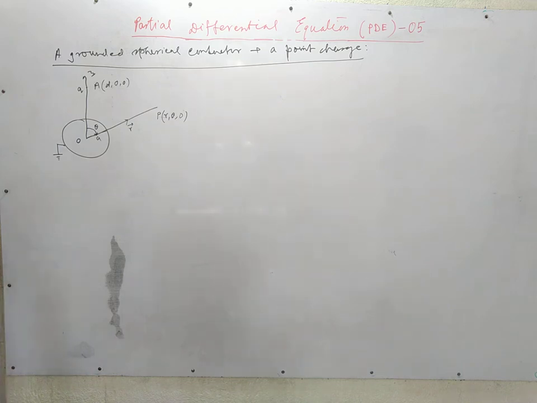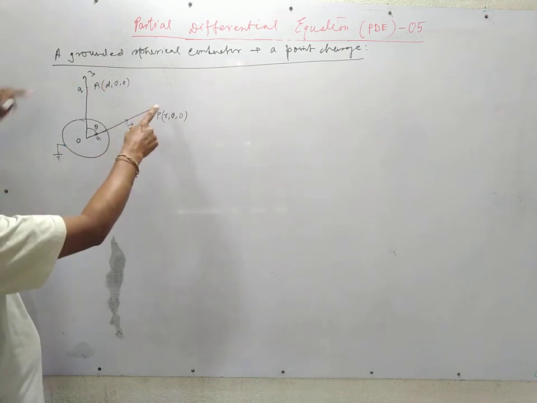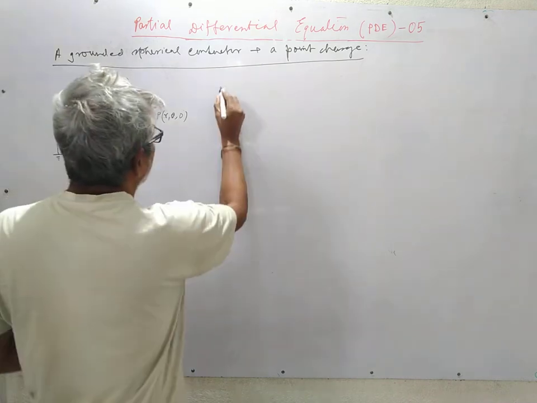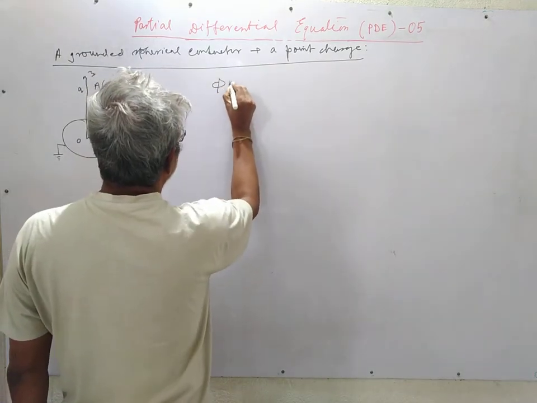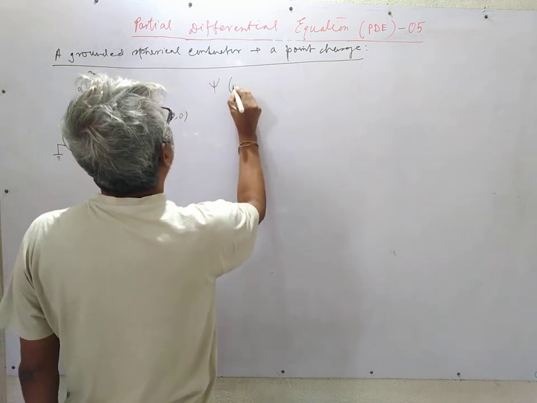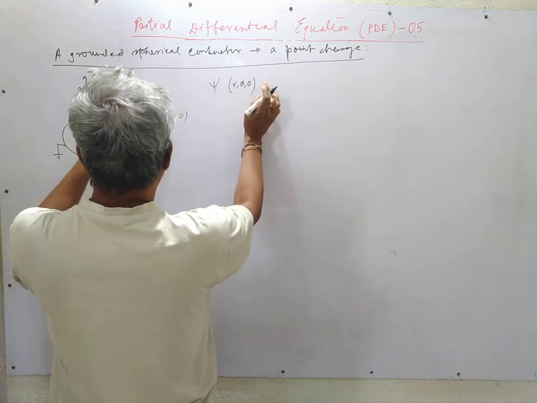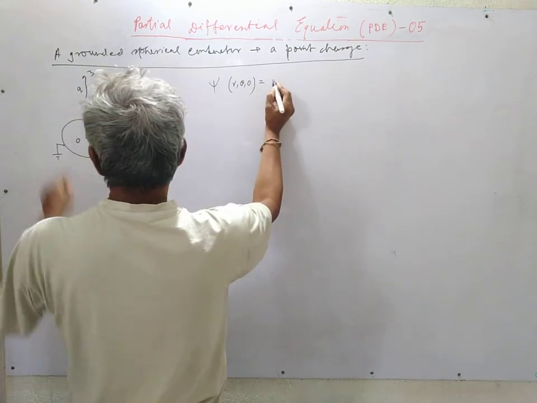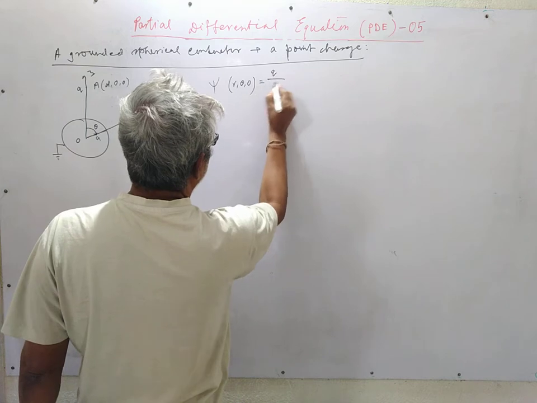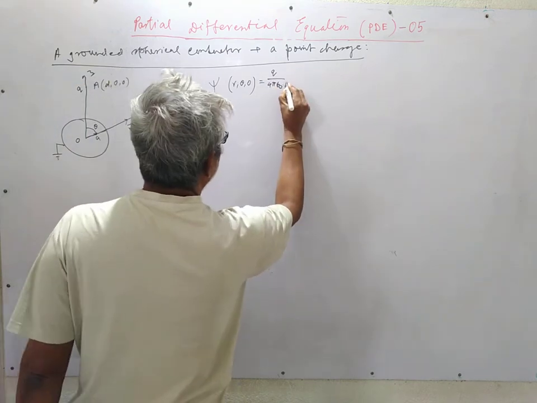Now, the potential at P is partly due to this charge Q, and so the potential at r, theta, 0 is Q by 4 pi epsilon 0 times the distance AP.